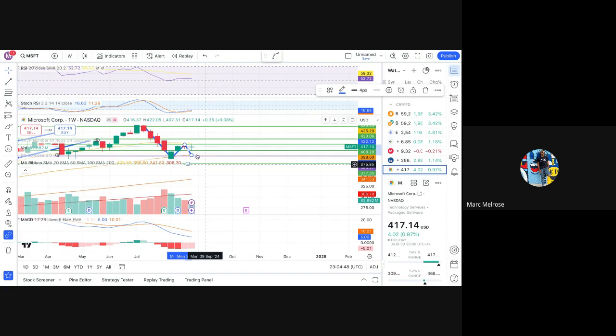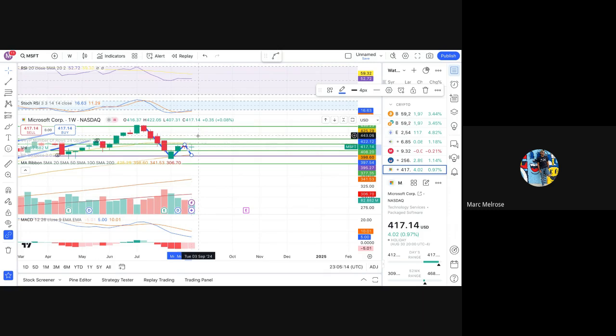What I'll be looking for is if it does break below our current support at 406, when it tests this 396, can it reject this price? If it does reject this price and we see it start to trend upwards, the place that I'm looking to get in is once it breaks back above my resistance. If it breaks above my resistance at 425, I would personally feel comfortable then getting into a trade.